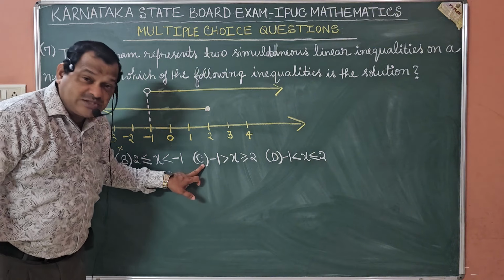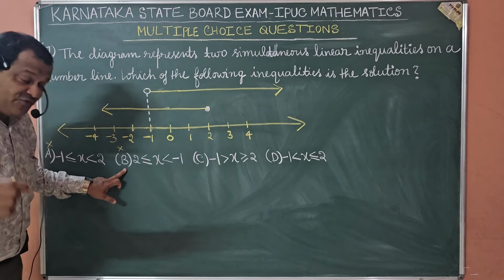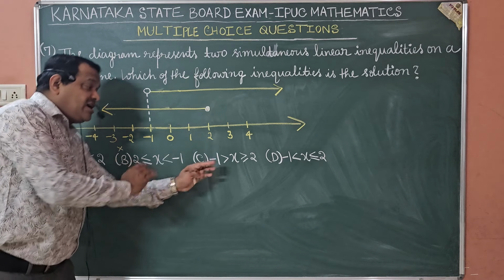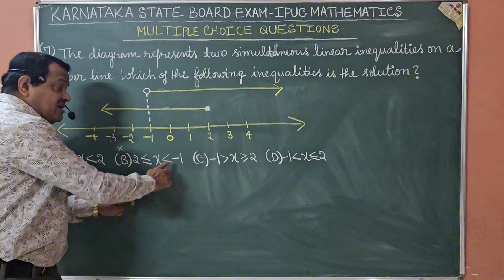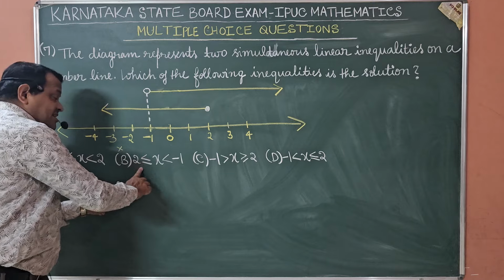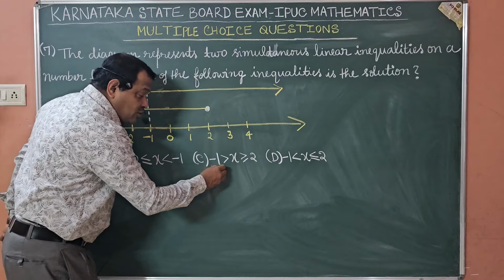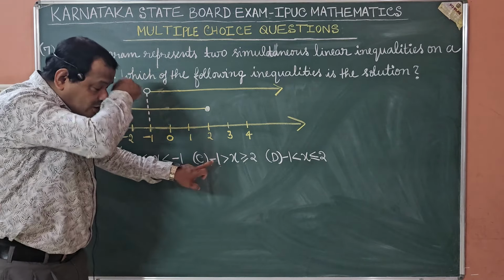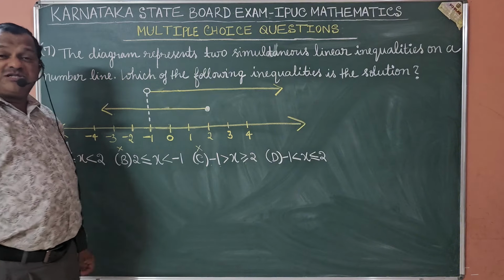And if you see option C, it is nothing but option B reversed. That is, they have said minus 1 greater than x, x greater than or equal to 2. This is also a meaningless option, because minus 1 greater than 2? Can a negative number be greater than a positive number? Not possible. Therefore, the third option is ruled out.